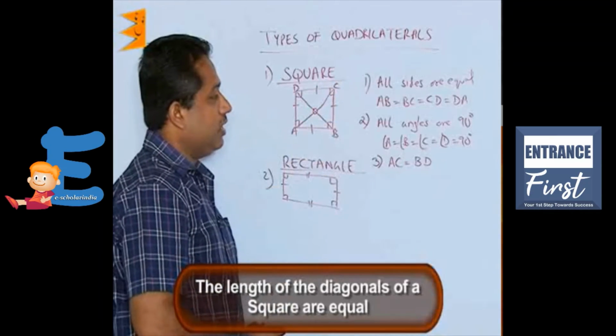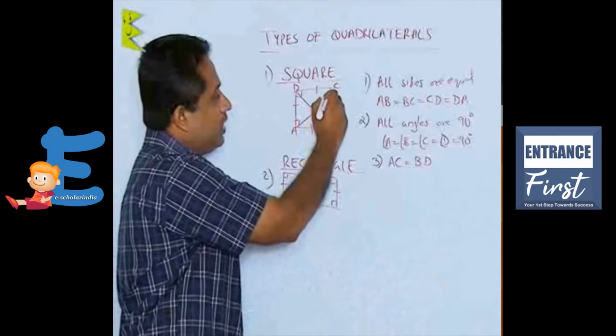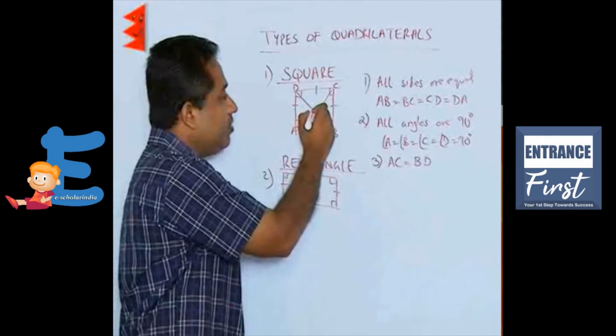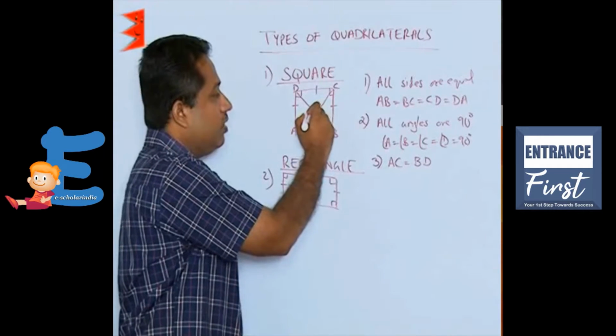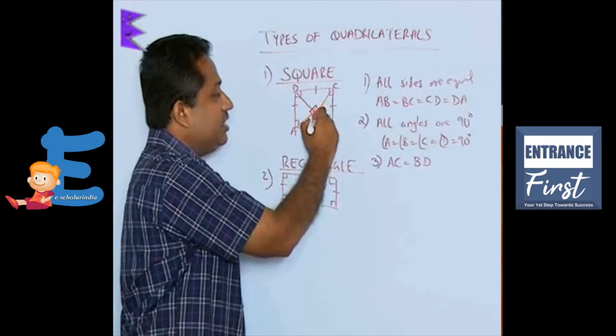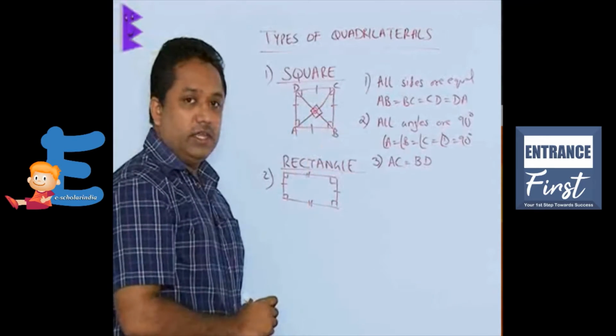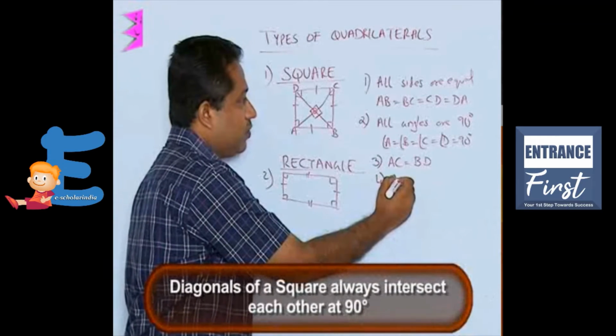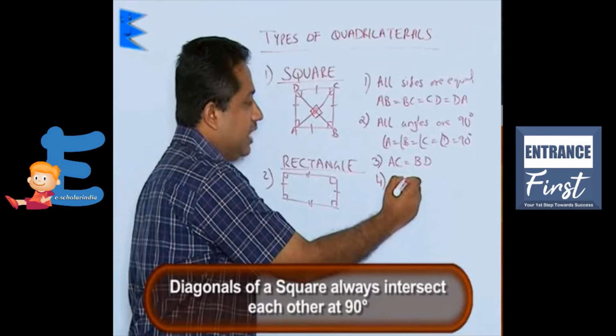That's property number 3. And also another important property, when we join the diagonals, the intersection point, if I am marking it O, it will always intersect each other at 90 degrees. So we can say that diagonals of a square intersect each other at 90.